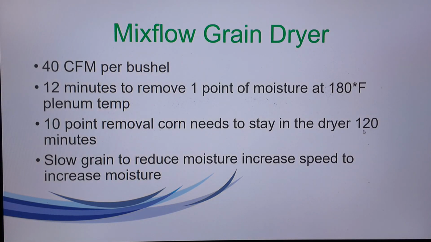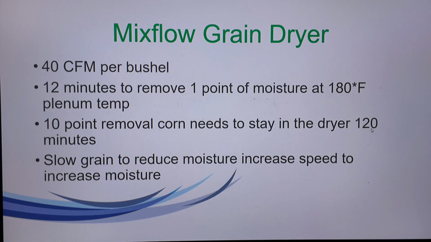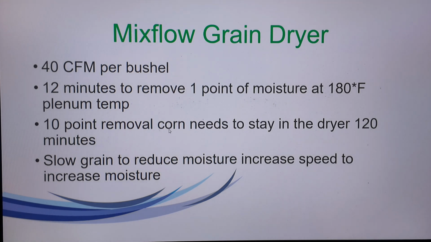The mixed flow is 120. So that is where the mixed flow dryer gets its grain quality, is the speed of drying. It does not dry any more evenly than a screen type dryer. It dries each kernel slower on average.